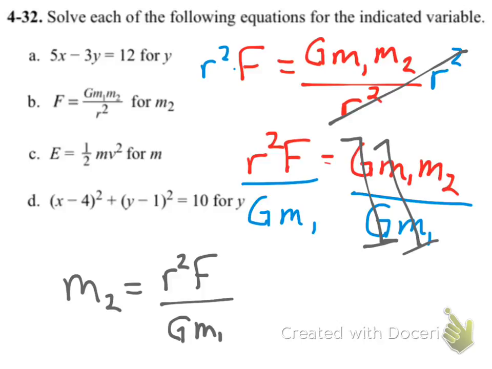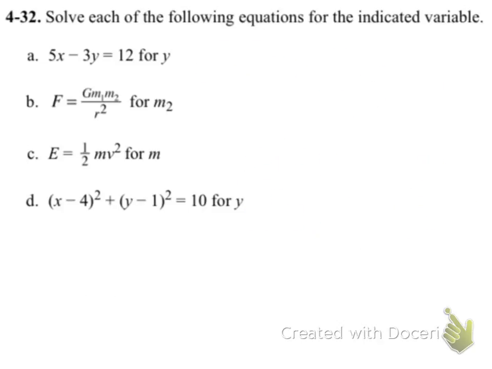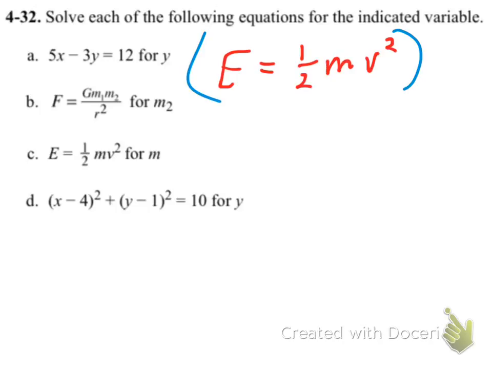And on to problem C. So the first thing in problem C that I'm going to do is take a look at a fraction, and I'm going to do fraction busters to get rid of that. I'm solving it for m, so I want to get this m by itself. So fraction busters, if I have e equals 1/2 mv squared, I'm going to multiply everything by 2.